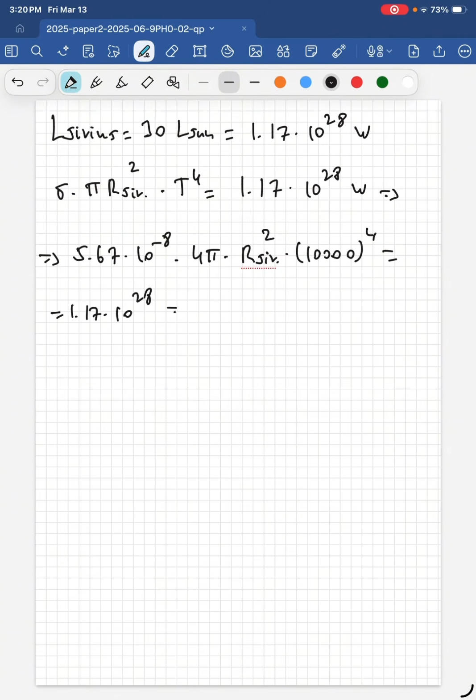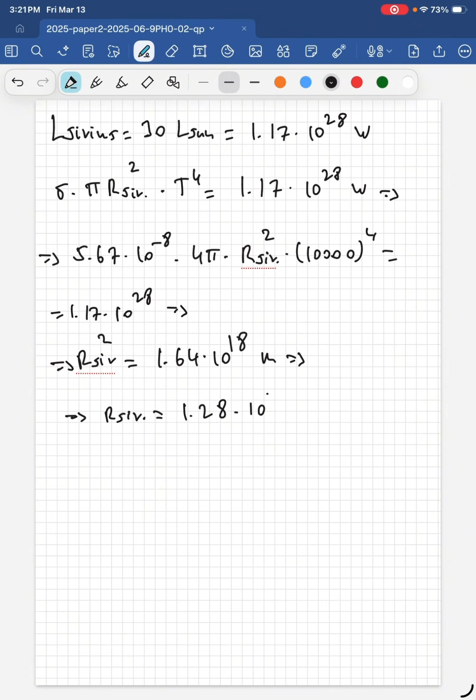So the radius of Sirius squared is 1.64 times 10 to the 18, by the way, I'm sorry. So the radius of Sirius is 1.28 times 10 to the 9 meters.